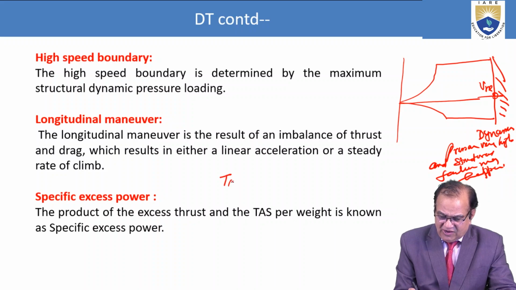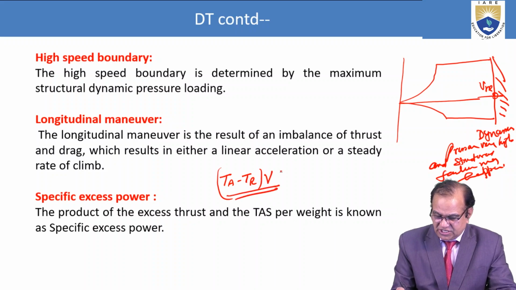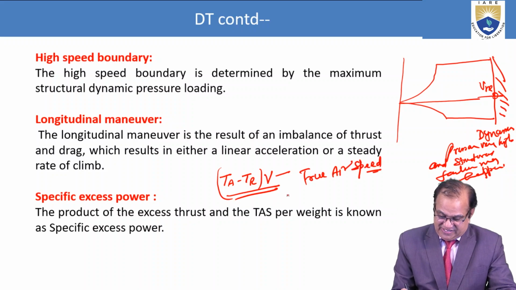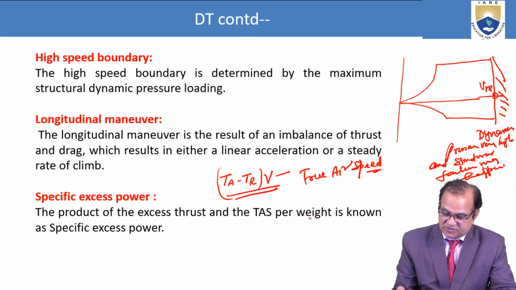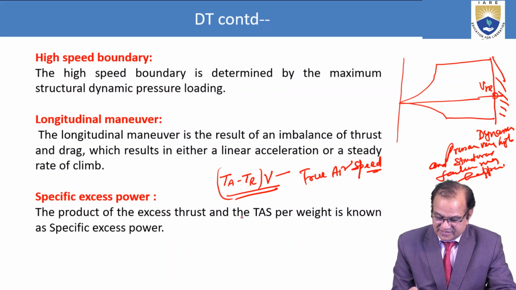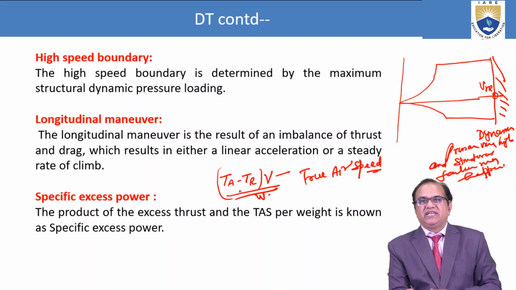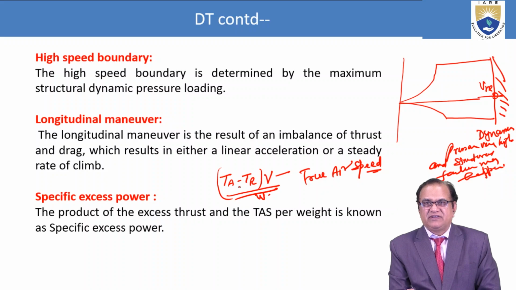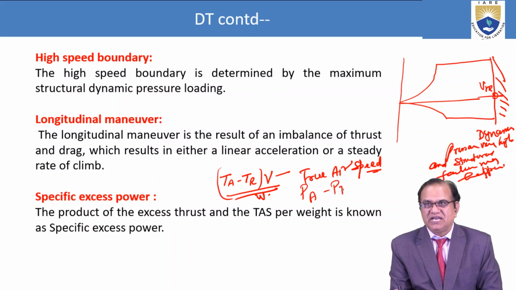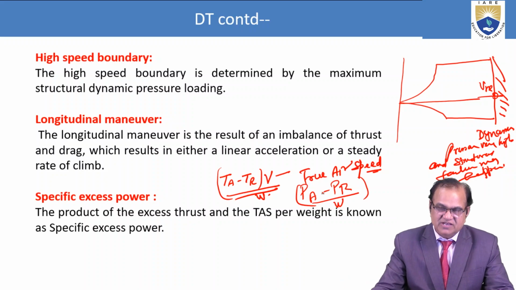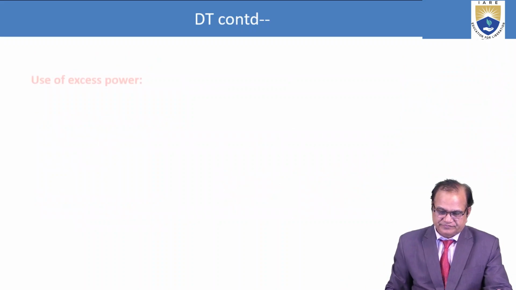So T available minus T required times velocity, and this velocity is true airspeed. Dividing by the weight W, we can write it as PA minus PR by W. So this is the specific excess power.